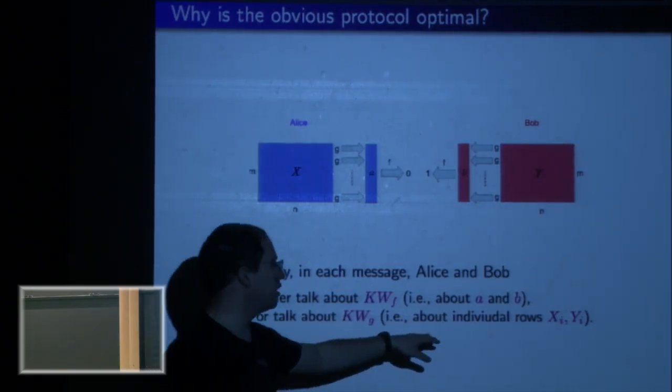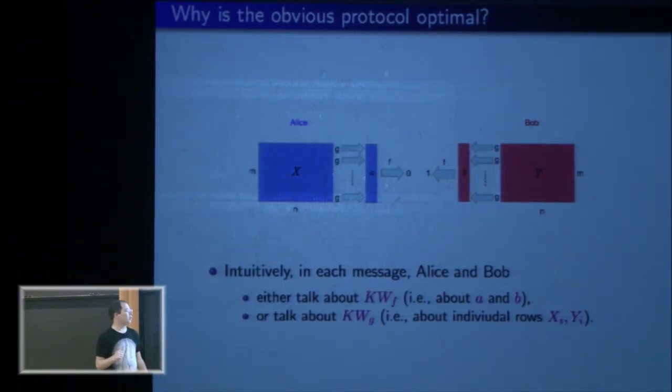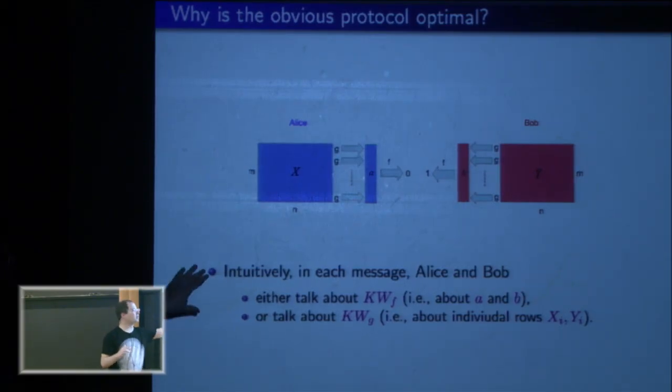That is, they send a bit about some individual rows of some of the matrices. In general, in communication complexity, this is not true. They are allowed to send bits that depend on all the inputs, but pretending this is correct will help us get some intuition for what we are going to do.